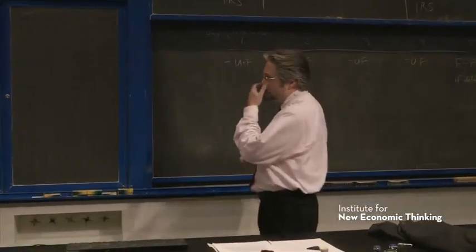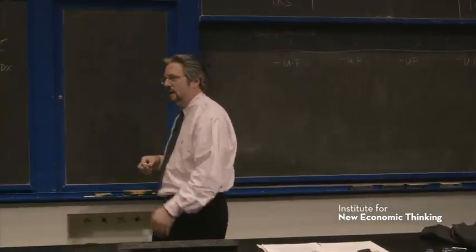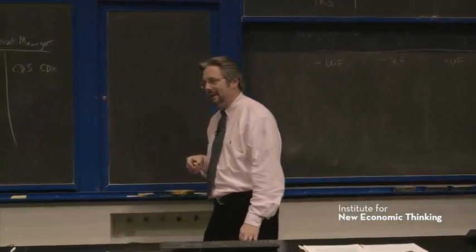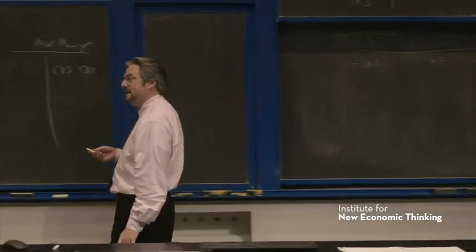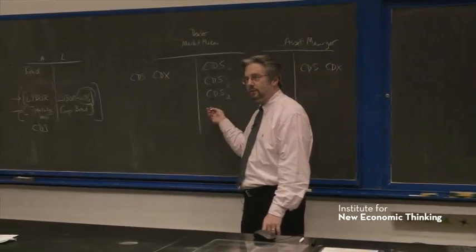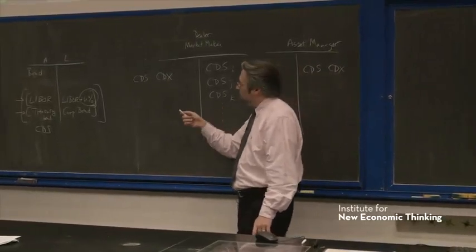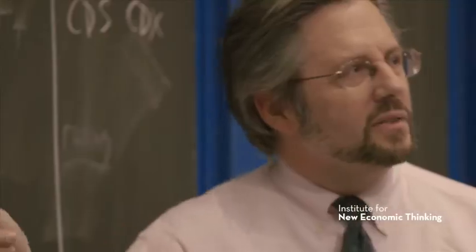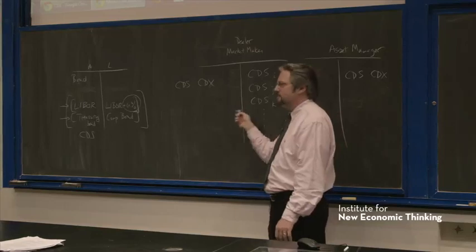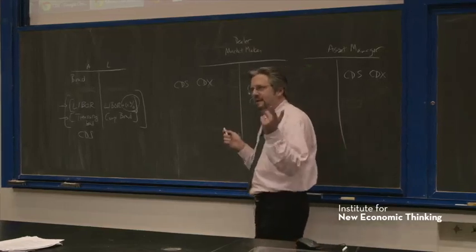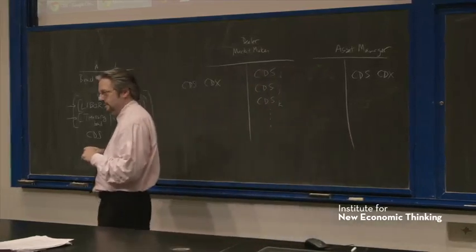I'm setting it up in this way so that you can start to see why liquidity might matter. Because once you have a dealer in the middle, this is what we know in this class, right? Once you have a dealer in the middle, you know that the order flow is going to push these prices around, okay? And when it pushes the CDS prices around, it doesn't necessarily move the bond prices, okay?